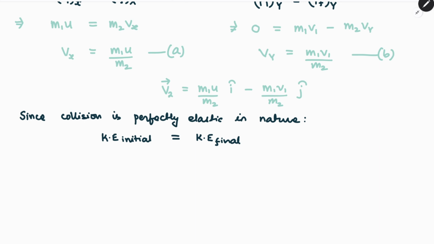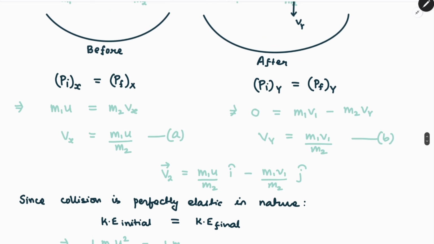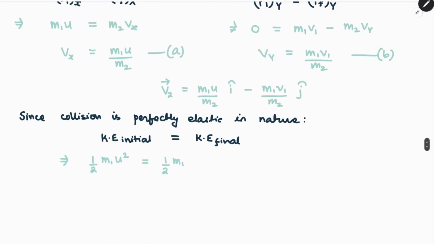So over here if we use this expression, then initially the kinetic energy is possessed by half m1u square, and finally it is in terms of half m1, where this particle is having velocity v1, so v1 square, plus half m2 and then v2 square.